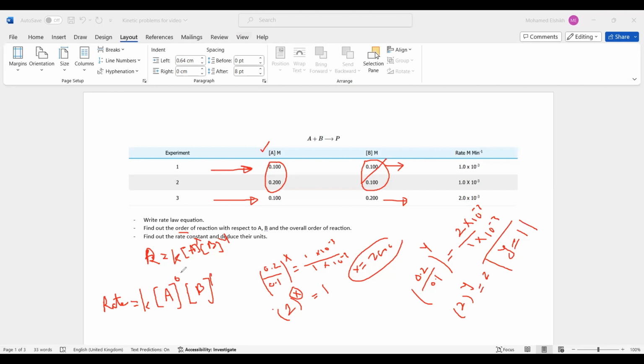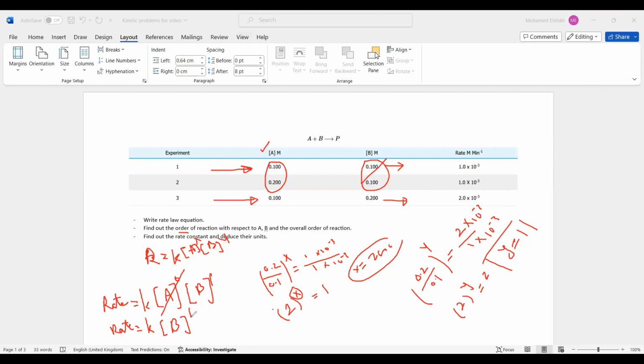Therefore, you can also write it this way: rate equals K, where K is the rate constant. A to the power 0 is 1, so you don't write it, and then you can say just B to the power 1. Okay. So we found out the rate law of this reaction, and we found out the order in relation to A and B.